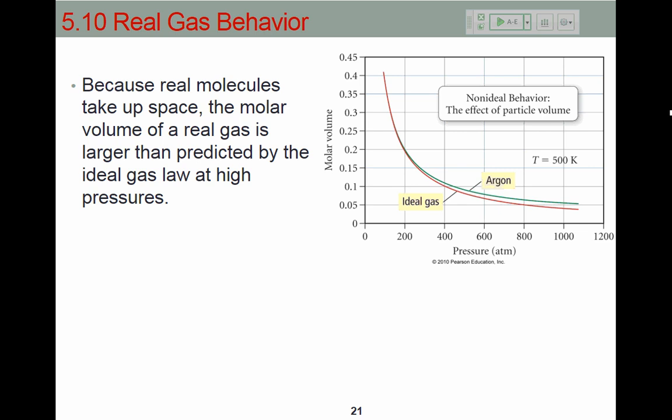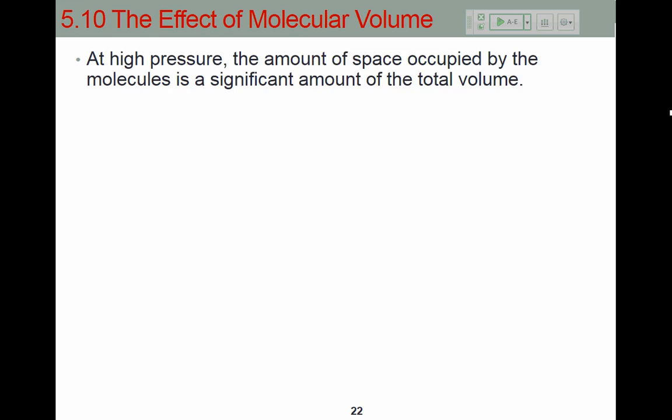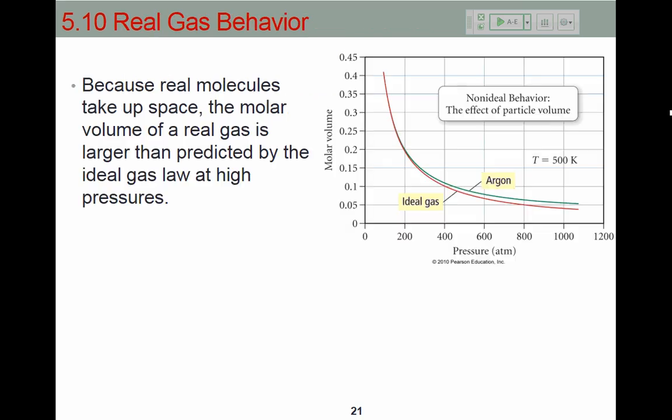Typically we have so much extra space that the actual size of the individual gas molecules doesn't make a difference. But at really, really high pressure, they do. So the amount of space occupied by the molecules is a significant amount of the total volume, whereas under normal conditions, that's not true.